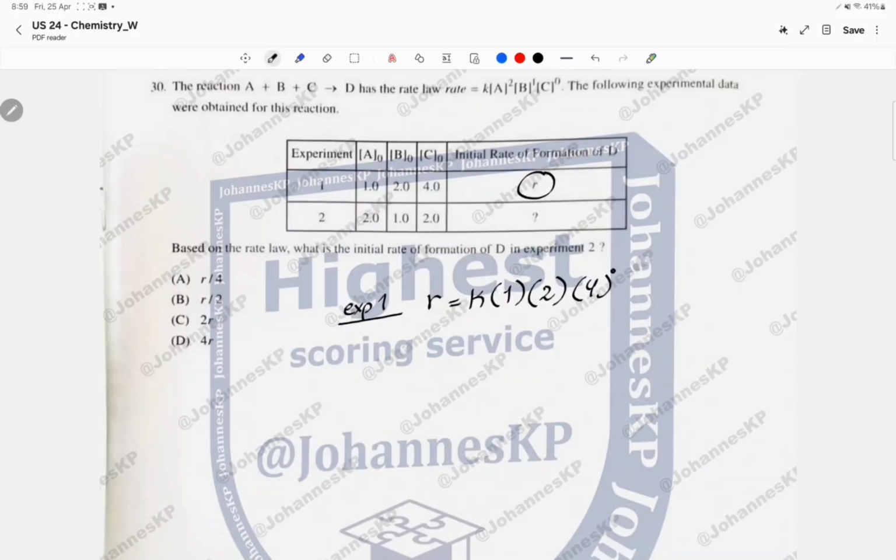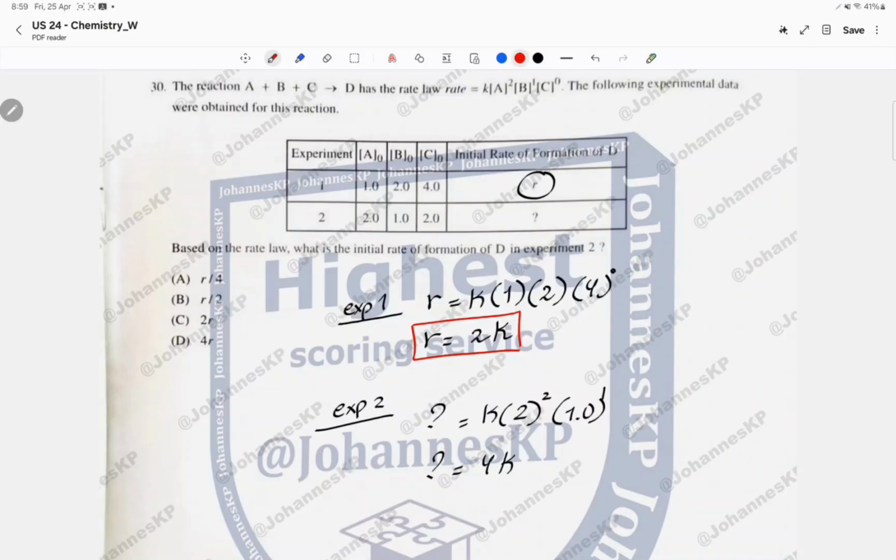So basically R is equal to 2K. But then experiment 2, what's happening is we have unknown is equal to K again, 2 to the power of 2, B to the power of 1, and C is just nothing. So question mark is equal to 4K. Right. So basically, if a single R is equal to 2K, how about 4K? That would be twice that as much, so 2R. So C.